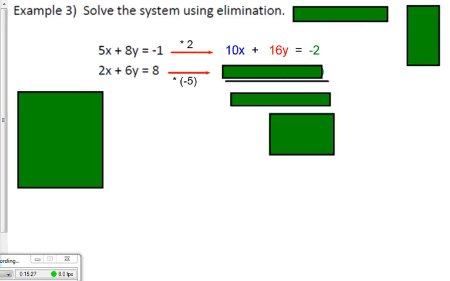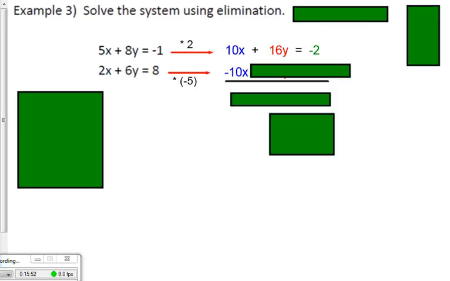Same thing if I look at my bottom equation, I'm multiplying each piece times negative 5. 2x times negative 5 is negative 10x. And right there, our x values are now the ones that are going to be opposite. We have a positive 10x and a negative 10x. So now they will cancel each other out. We'll get rid of the x's in this case, or we will eliminate the x's.